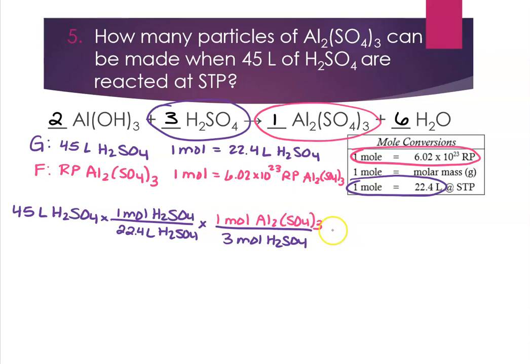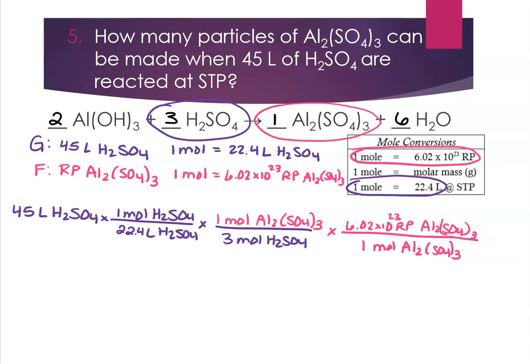Al2(SO4)3. And then lastly, I'll need to go from moles of Al2(SO4)3 to RPs. So since I have moles on top, I'll put 1 mole Al2(SO4)3 on the bottom, and 6.02 times 10 to the 23rd RPs Al2(SO4)3 on top.